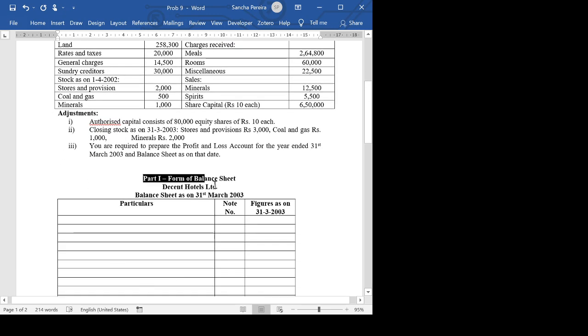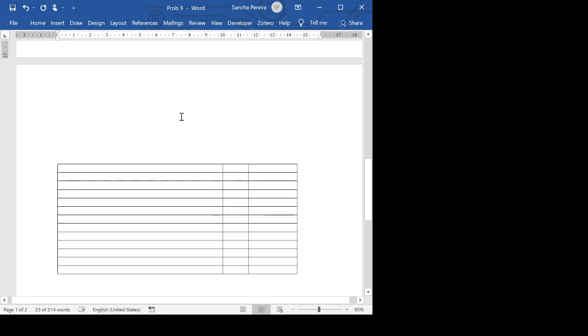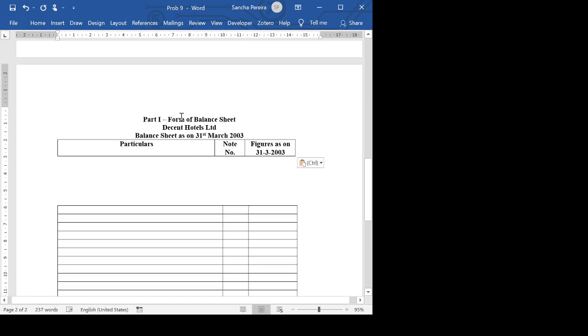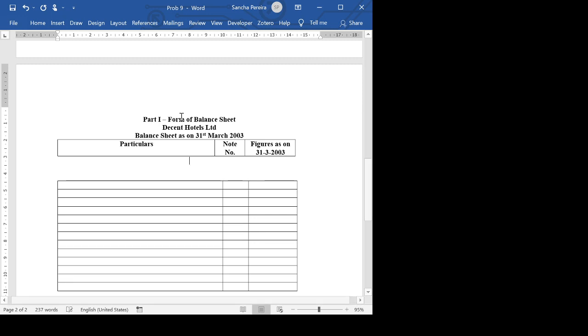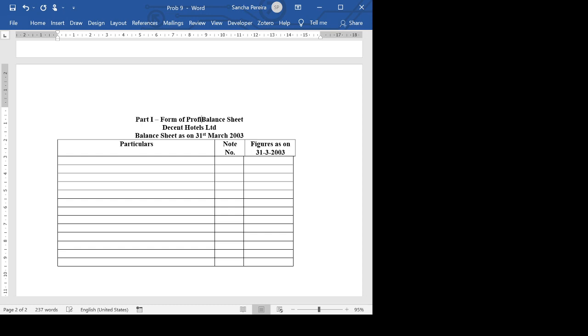So profit and loss account becomes part 2. Form of profit and loss account.